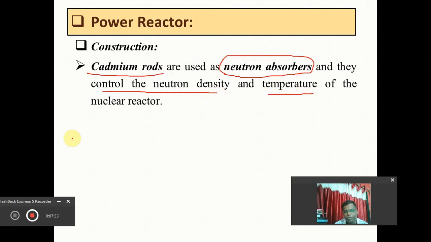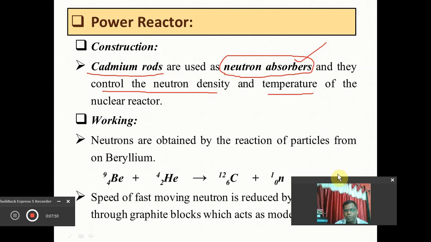This nuclear reaction is a chain reaction, and the number of neutrons must be controlled, otherwise it would be very dangerous to carry out this nuclear reaction. And this is controlled with the help of these cadmium rods, because these rods are responsible for absorbing the neutrons.